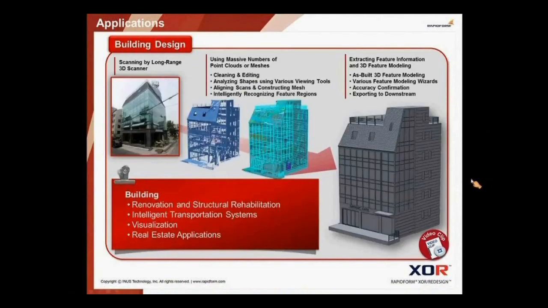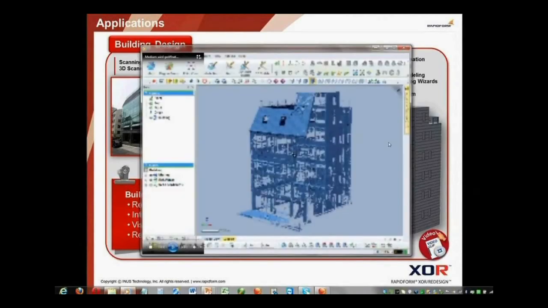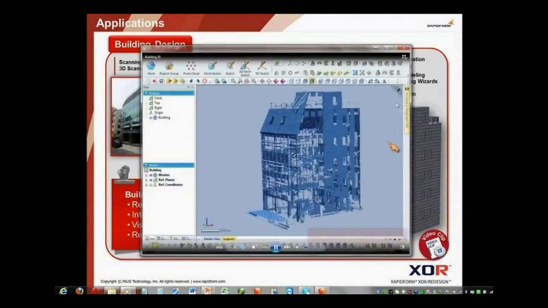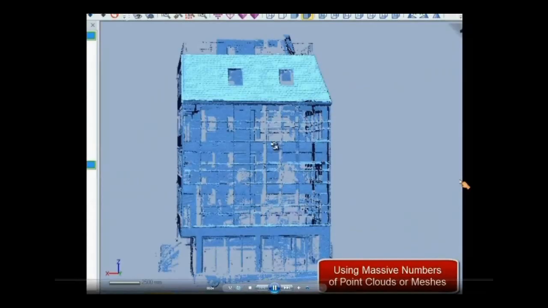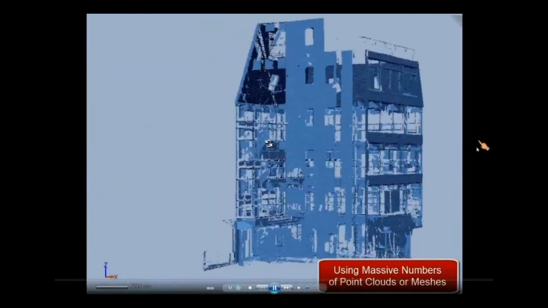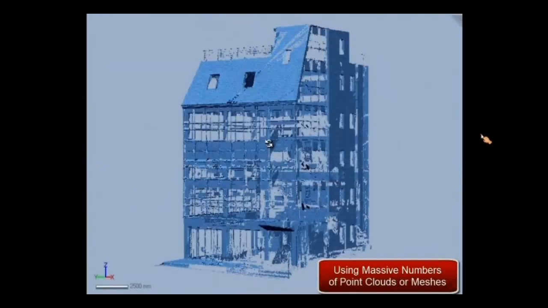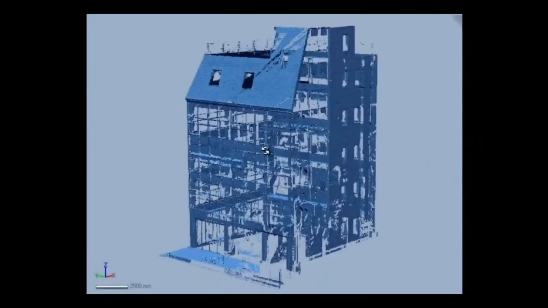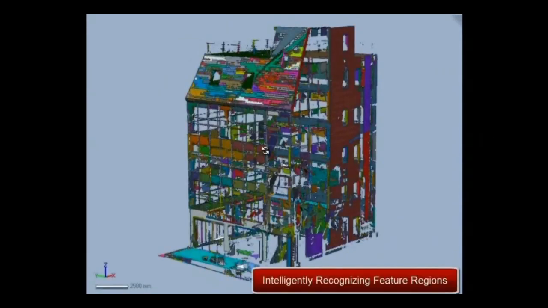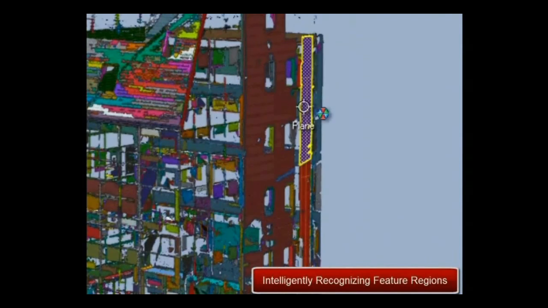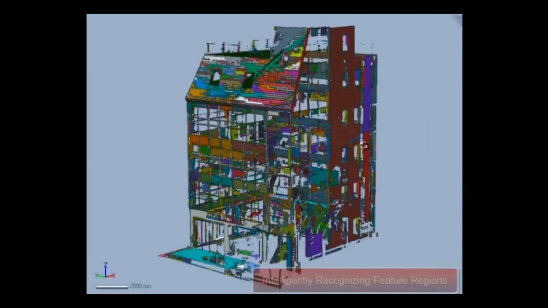Okay, this one is a building design. And here is the modeling process. Here we get the scan data. This is already a mesh. And what you see here, the colorful regions, are the curvature regions which I mentioned before.